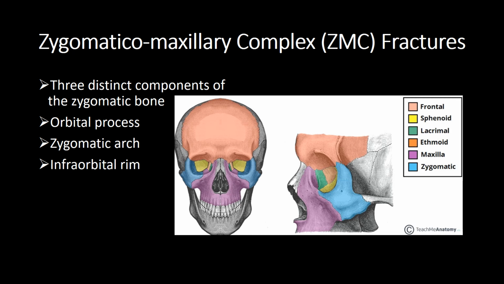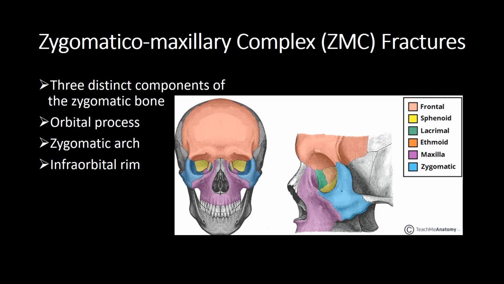Now the term tripod fracture is an old term, and it refers to the fact that the 3 limbs that support the body of the zygoma are broken. But today we call it a zygomatico-maxillary complex fracture, a ZMC fracture.